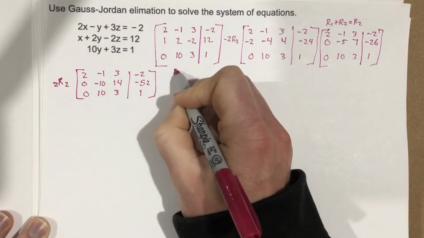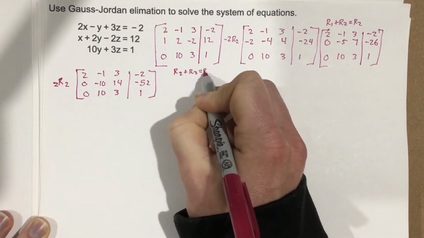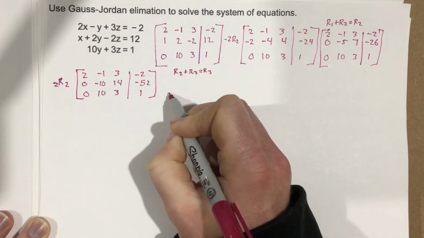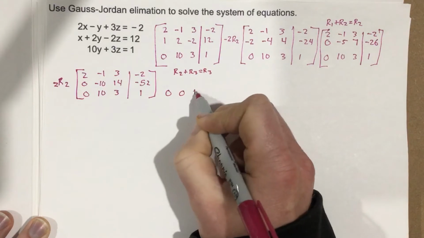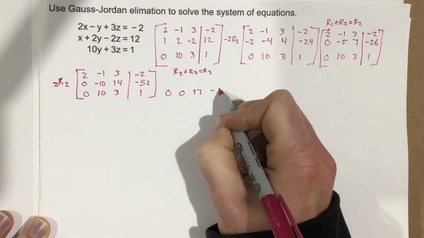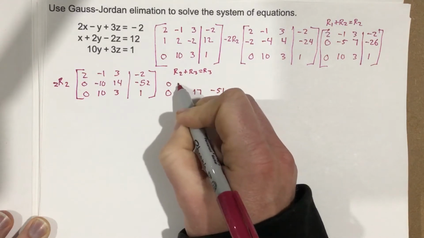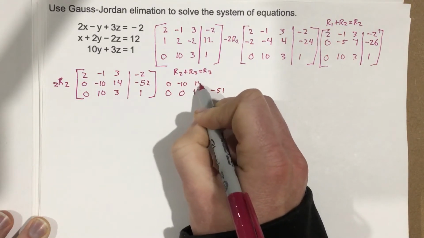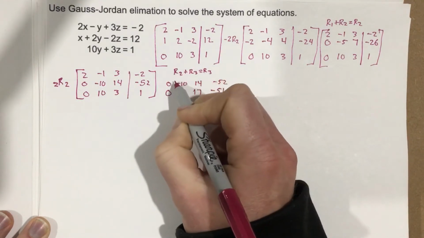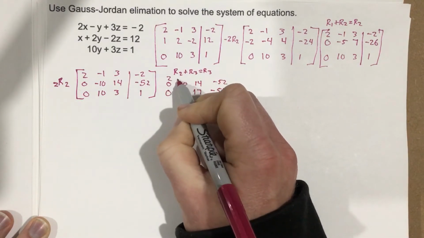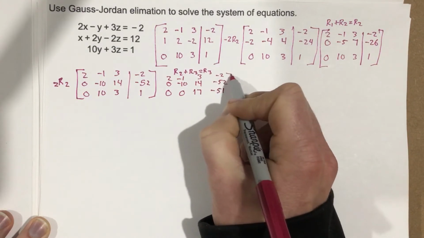Now we're going to take R2 plus R3, and that equals R3. And when we add those, we get 0, 0, 17, -51. This is still 0, -10, 14, -52, and this will be 2, -1, 3, -2.